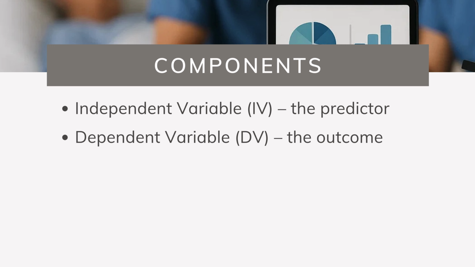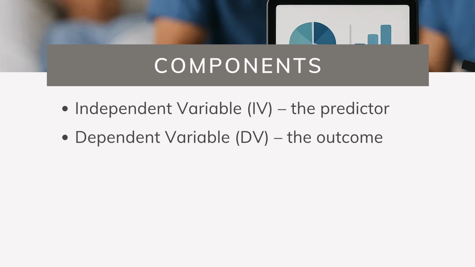The dependent variable is the outcome. The DV is the presumed effect. It is what you are measuring to see if it changes due to the independent variable. In your stress-performance example, academic performance is the DV.